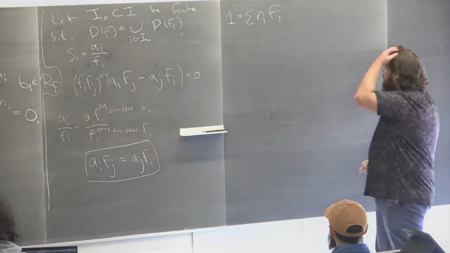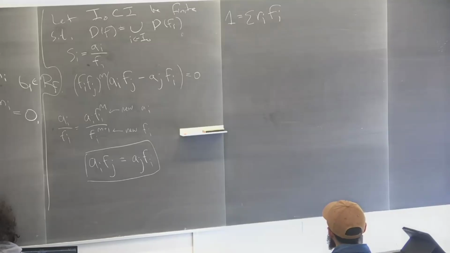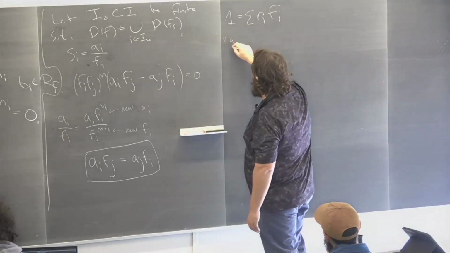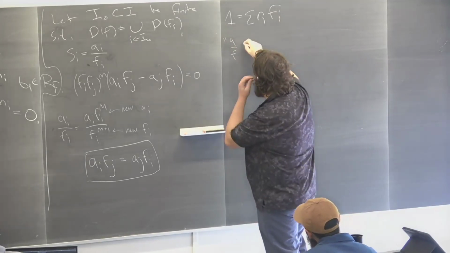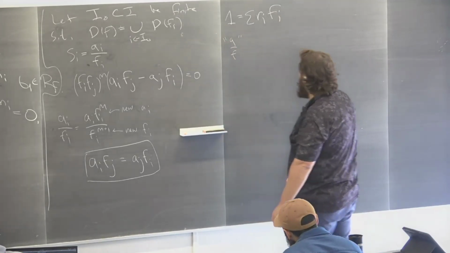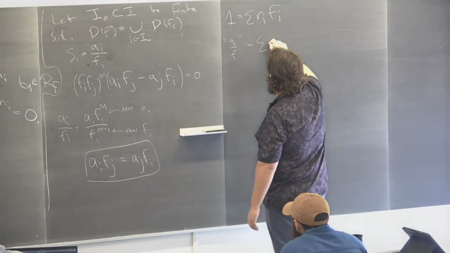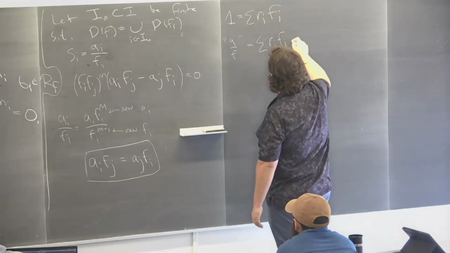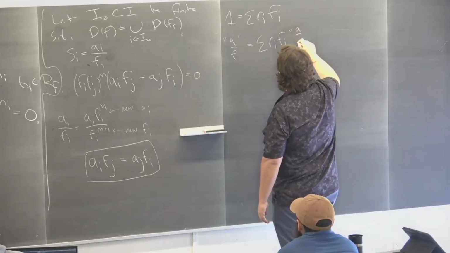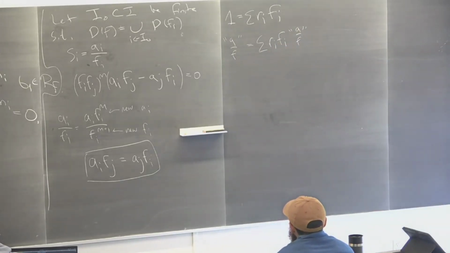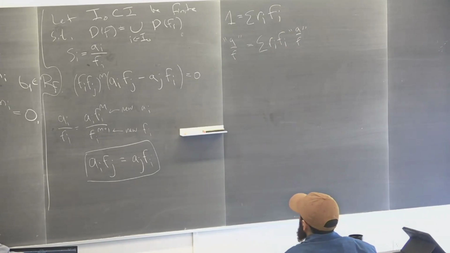How am I going to do that? Well, I want a sort of A over F here, and I can multiply it by this equation. I'm just imagining that such an A over F exists. What would it look like?